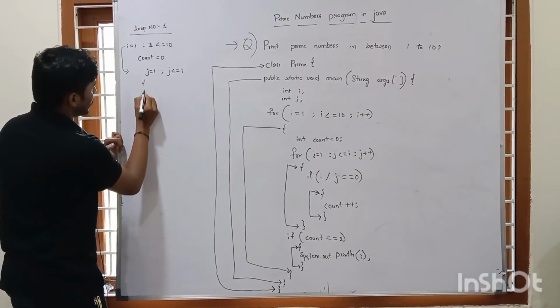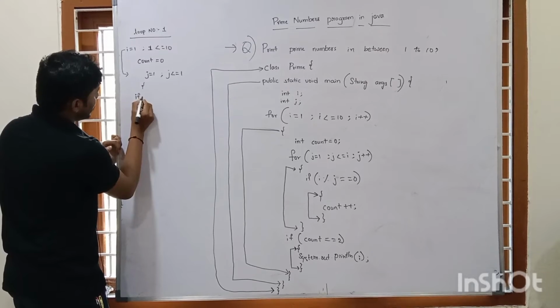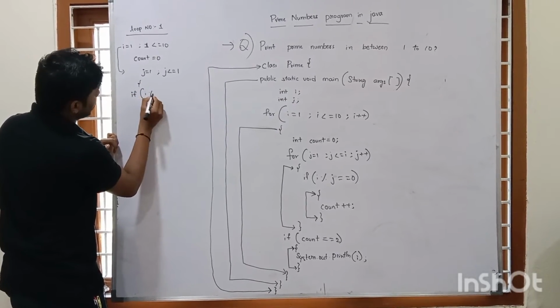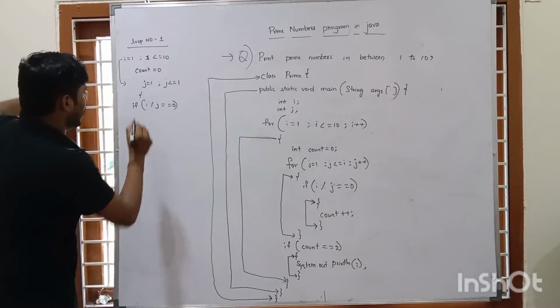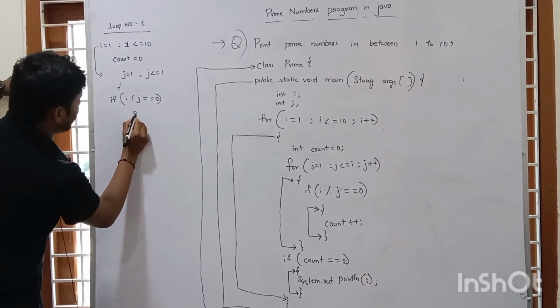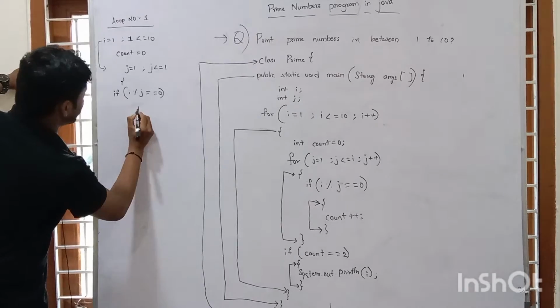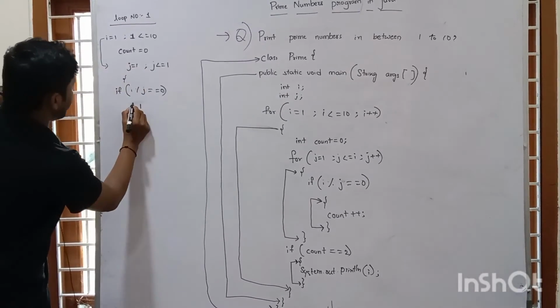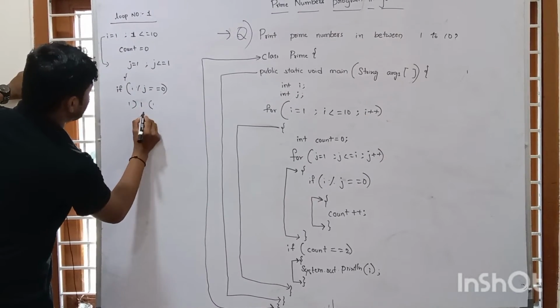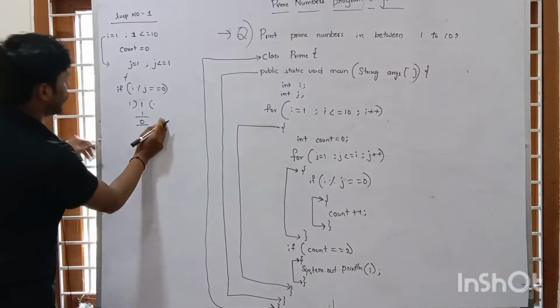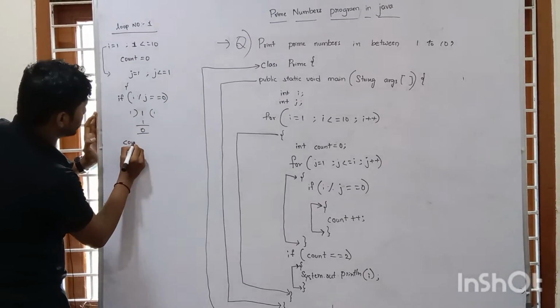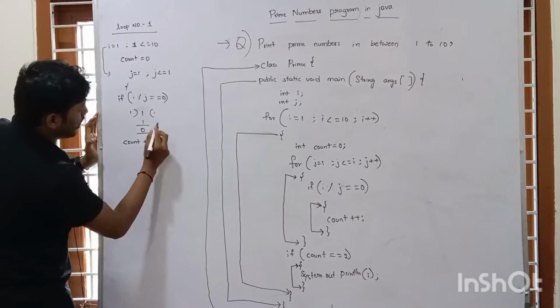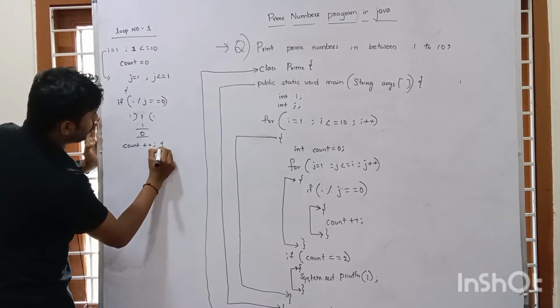Now, here we are seeing one condition: if i percent j equal to 0. Now, what does that mean? i value is 1. j value is 1. 1 ones are 1. Remainder is 0. So, when the condition is satisfied, count plus plus, so count will become 1.